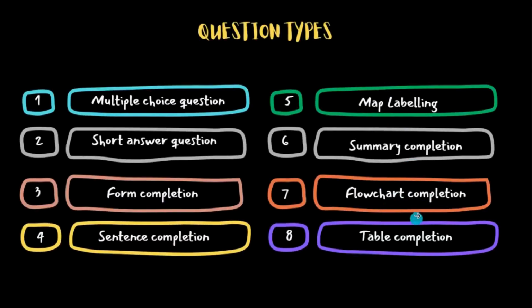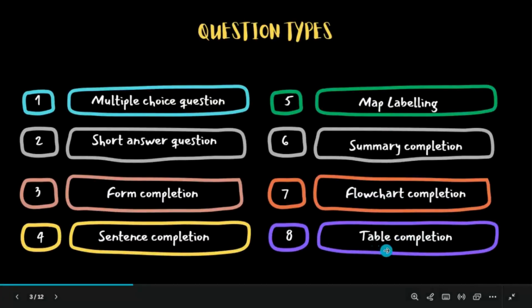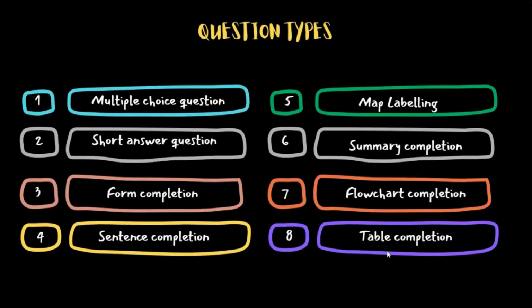Seventh is a flow chart, where the items are one below the other, and you have to listen and then write all the inputs. Eighth is table completion. This is mostly when there is data about multiple incidents or multiple human beings. Only then does table completion come.